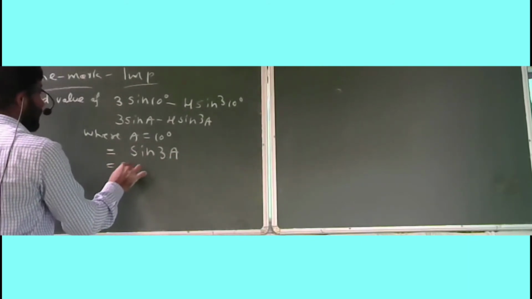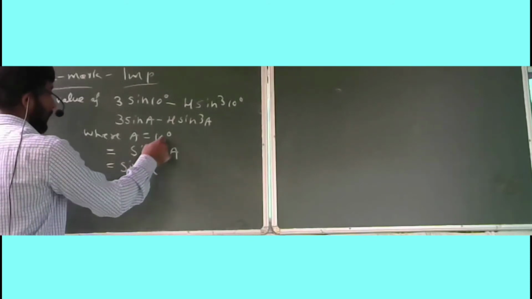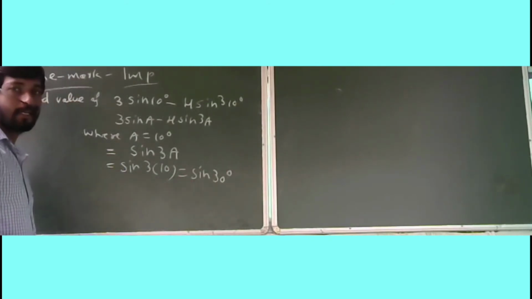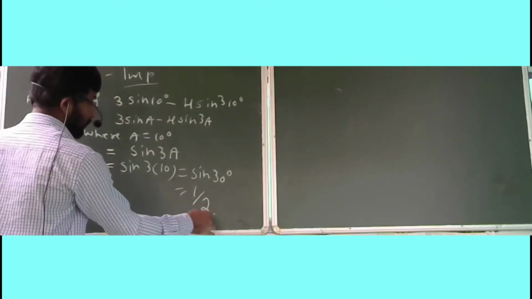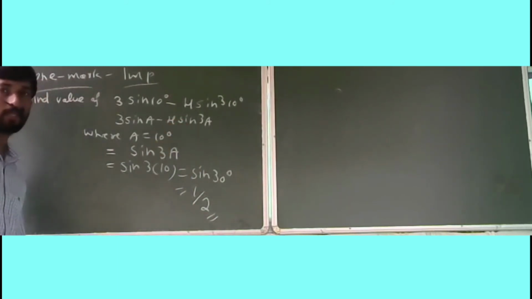It's equal to sin 3 into A value, which is 10 degree. Sin 3 into 10, it's equal to sin 30 degree. What's the value of sin 30 degree? Sin 30 degree value is equal to 1 by 2. Therefore, value of the given question is equal to 1 by 2.